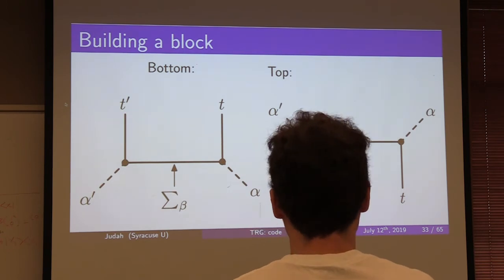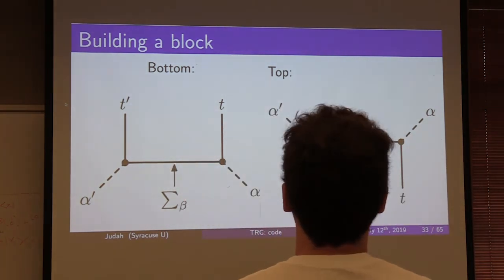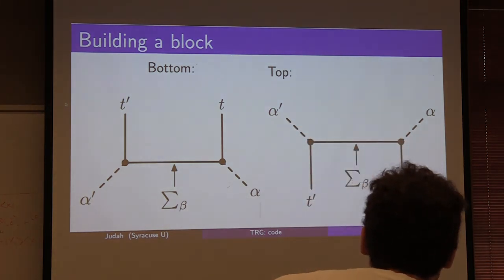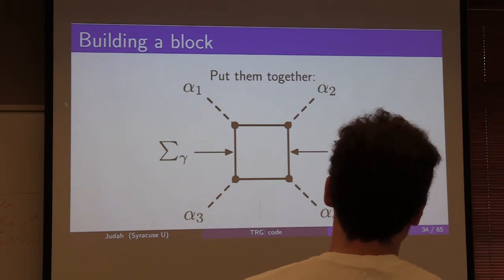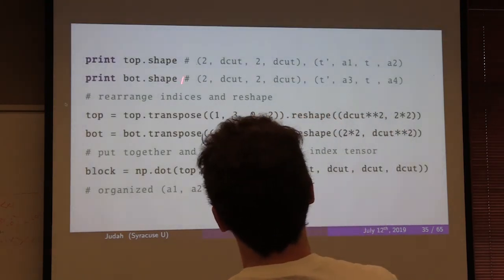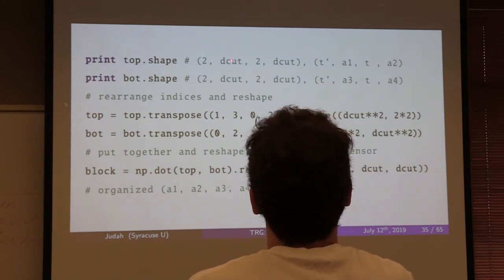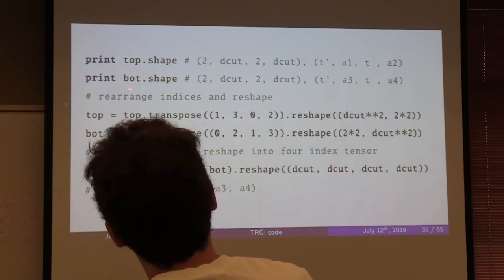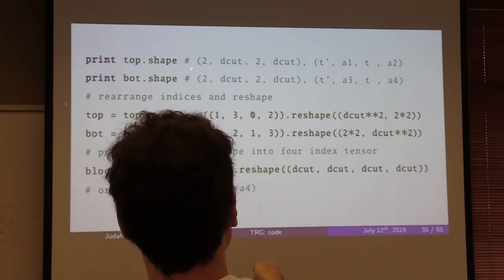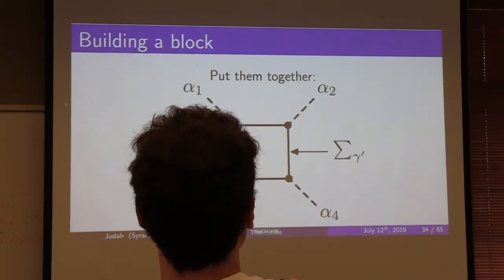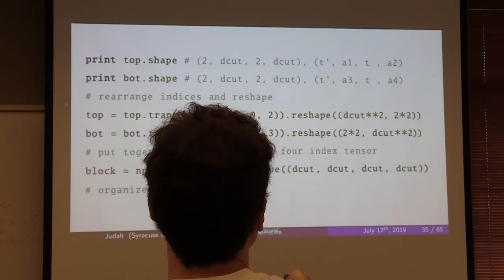You do the previous slide twice. Once for the top, once for the bottom, and then you're going to match these two indices up with these two indices, and you're going to do that with matrix multiplication again. So you have top and bottom from the previous slide, and you want to isolate the two indices. So t and t prime, I called them here. You want to isolate those in the same order for matrix multiplication.